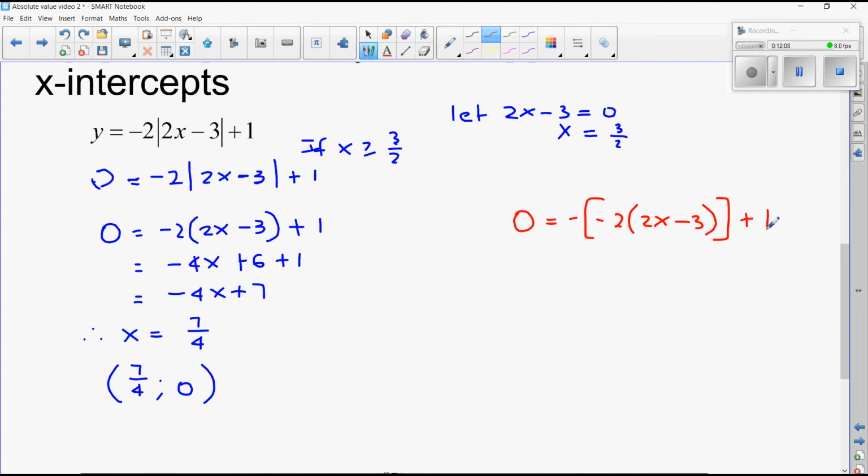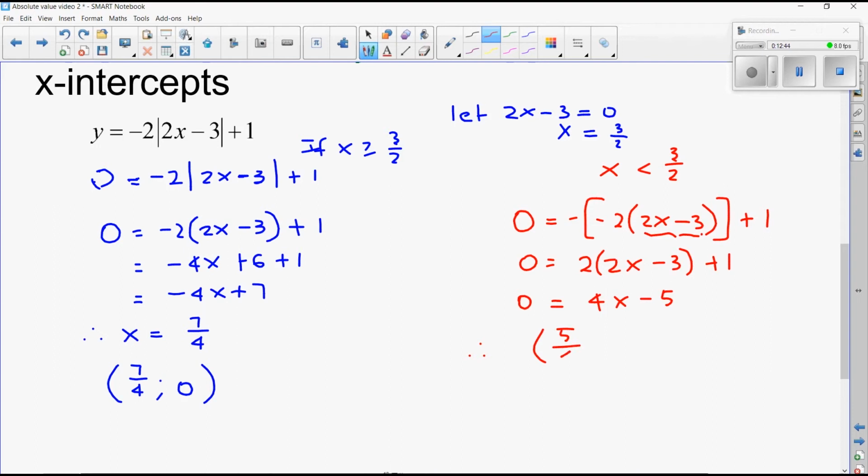What you could have done also is rewrite it as minus 2 times minus 2x plus 3, because you're looking at the negative side, remember, we're looking at x less than 3 over 2 now, so your signs will change. So we got 0 equals 2 times 2x minus 3, plus 1. So 0 equals 4x minus 5. Therefore, I have an intercept at 5 over 4 and 0.